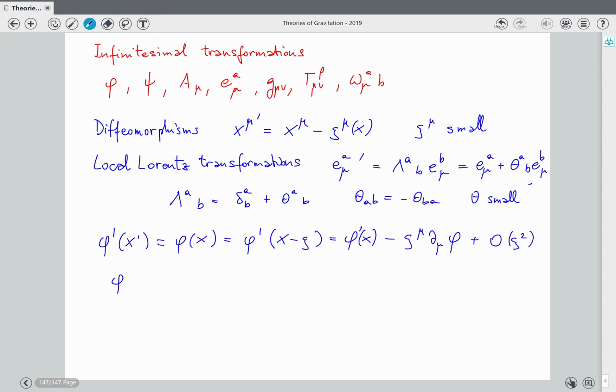And so you see that you have this transformation: phi prime is equal to phi plus xi mu partial mu phi.